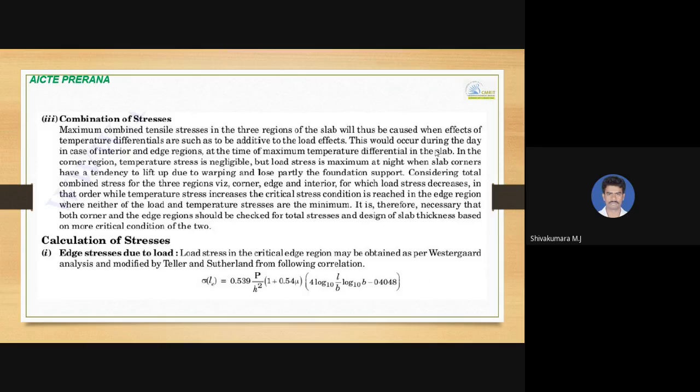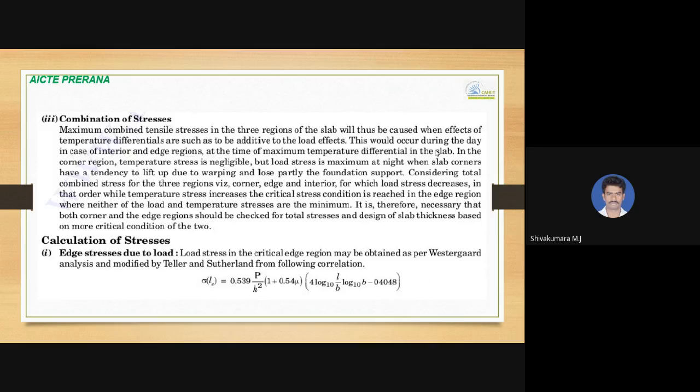At the time of maximum temperature differentials in the slab, in the corner region, the temperature stresses are negligible, but load stress is maximum at night when slab corners have a tendency to lift up due to warping and lose partly foundation support.